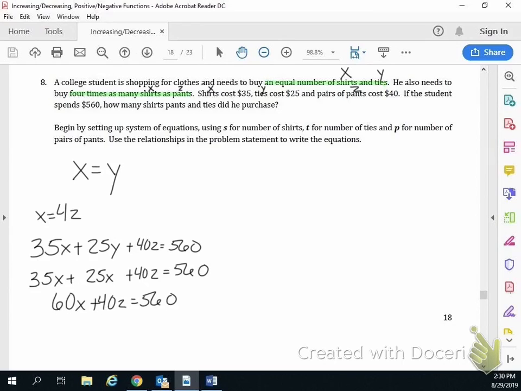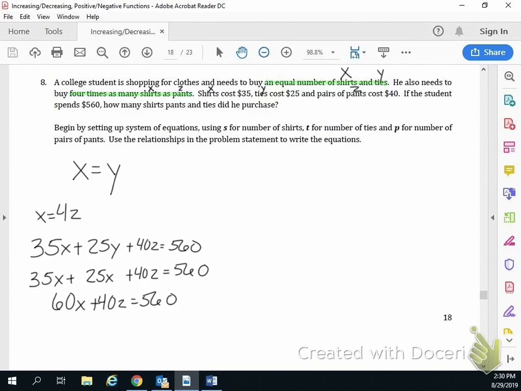And now, here are my 2 equations I'm looking at. Can I easily substitute something in for X right here? What? 4Z. I know what X equals. It was one of my equations.